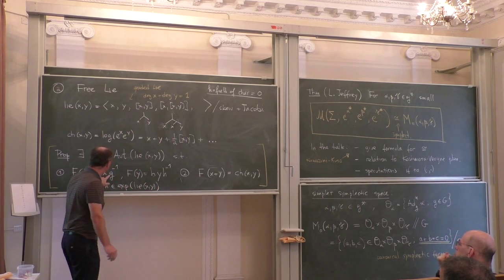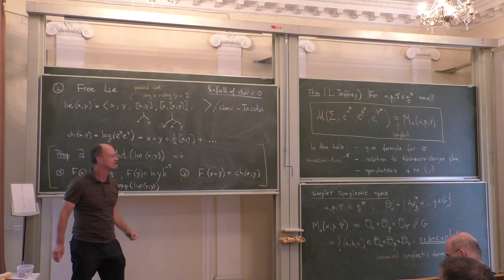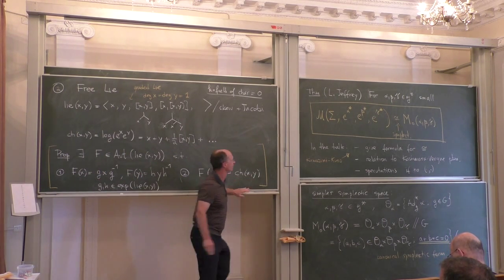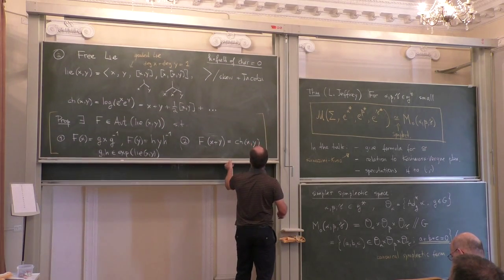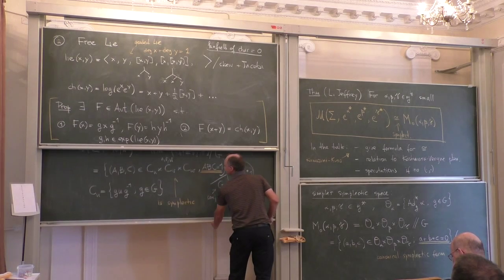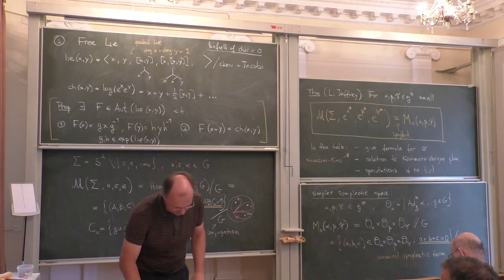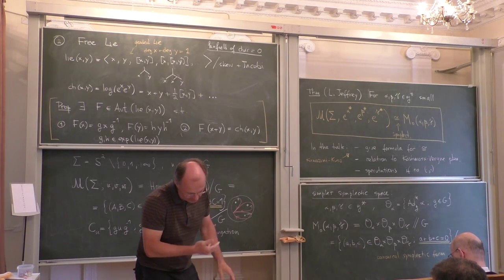The statement is you can conjugate these guys such that you get the right-hand side as you want it. So let's assume that this is correct. Now let's do the following.